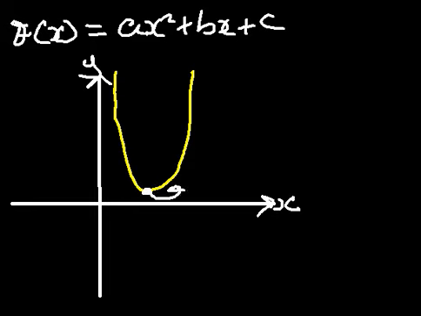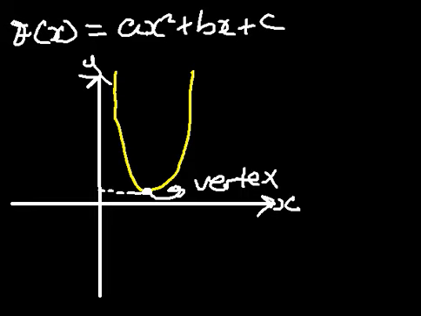A turning point consists of two values: an x value and a y value.